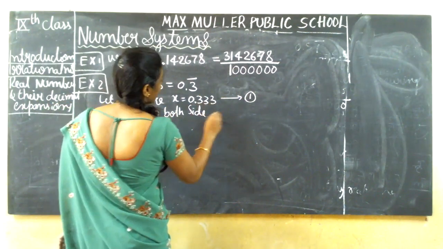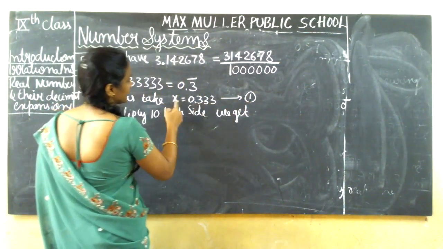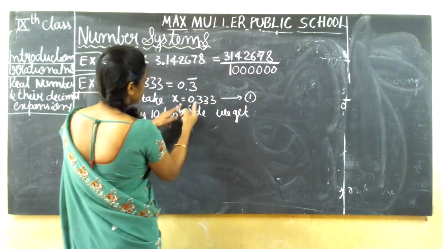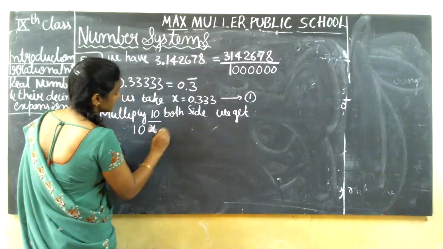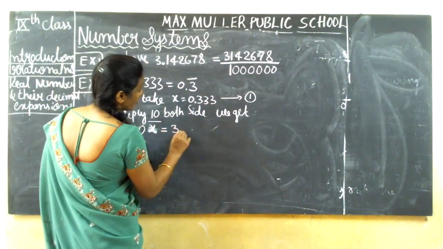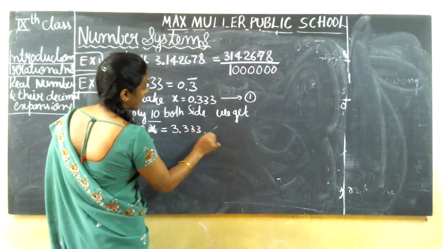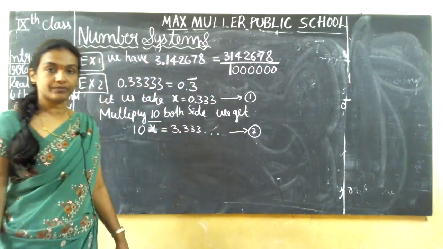If you multiply by 10, what do you get, guys? 10x is equal to 3.333... and so on. Consider this as equation 2.